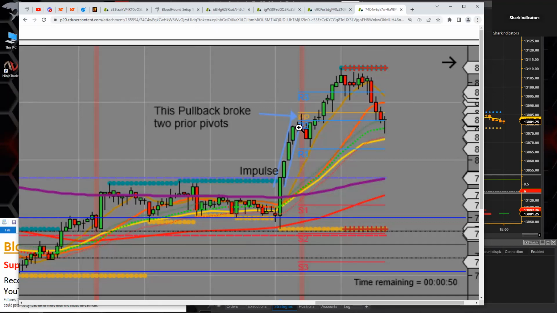So this actually wasn't, let's see. This pullback broke 2 prior pivots. I'm not sure what the pullback breaking 2 prior pivots has to do with this, but there is more discretion that could be added to this, though it would require a custom indicator, and we'll go over that before we get started.